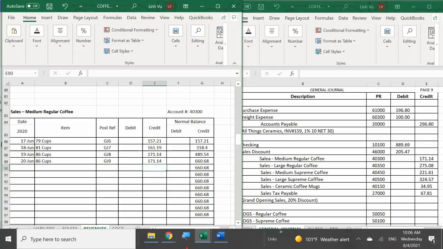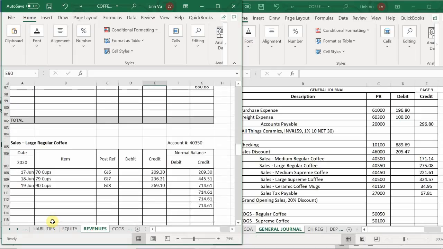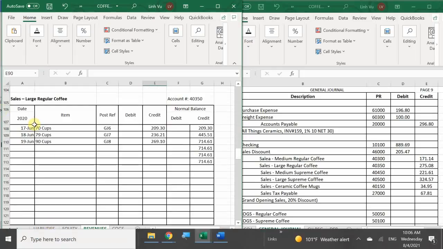Then large regular coffee, 92 cups, 275.08, balance of 989.69. Good, 989.69.